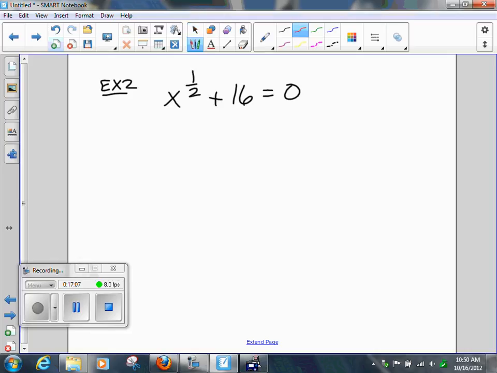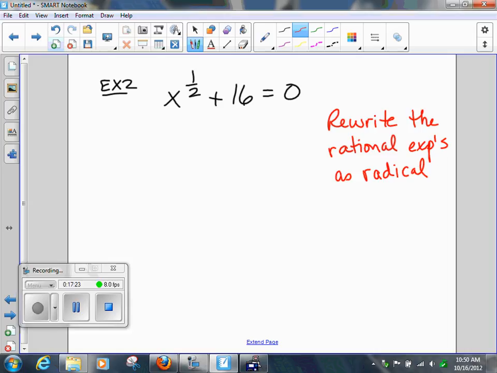Rewrite the rational exponents as radicals. So I'm going to rewrite that. The square root of x plus 16 equals 0.